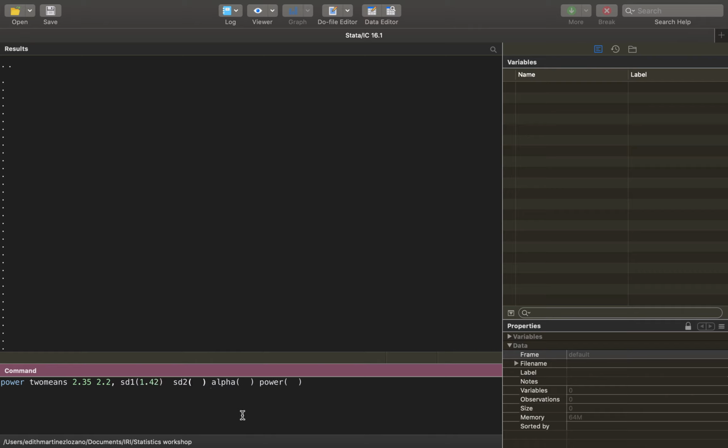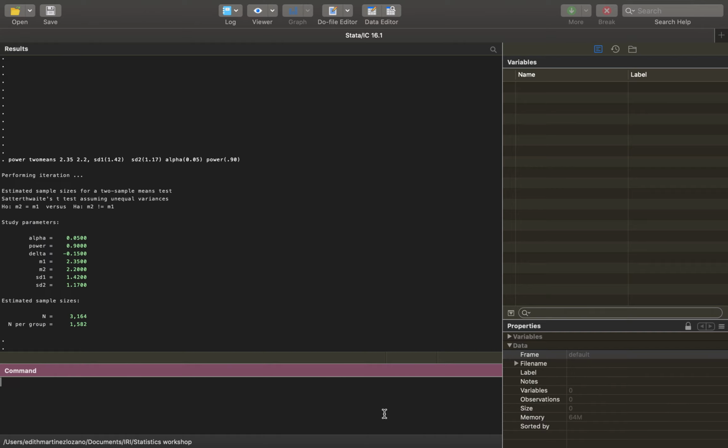The standard deviation for their intervention was 1.17. We decided an alpha of 0.05, and we decided a power of 90%. Don't forget it's 0.90, I know 90. And we press enter. So here we can re-verify our data.